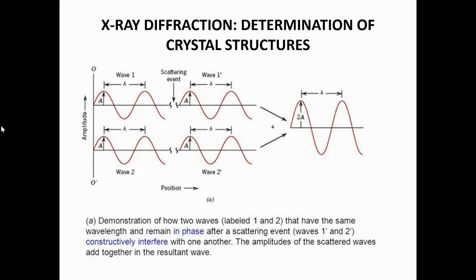The amplitudes of the scattered waves add together in the resultant wave, that is, wave 1 and wave 2 have the amplitude A, and after scattering the resultant wave amplitude will be 2A. Okay, clear?